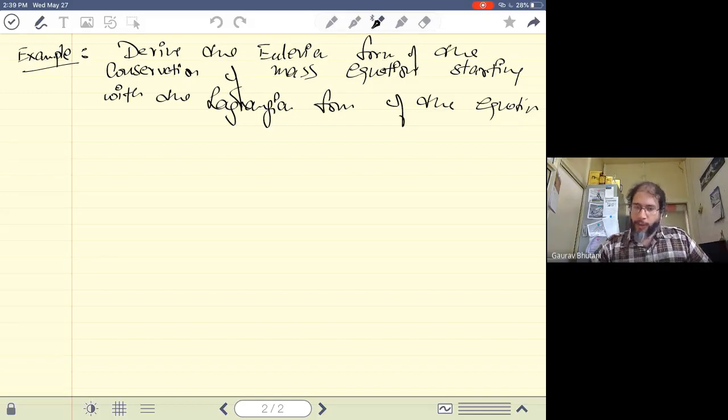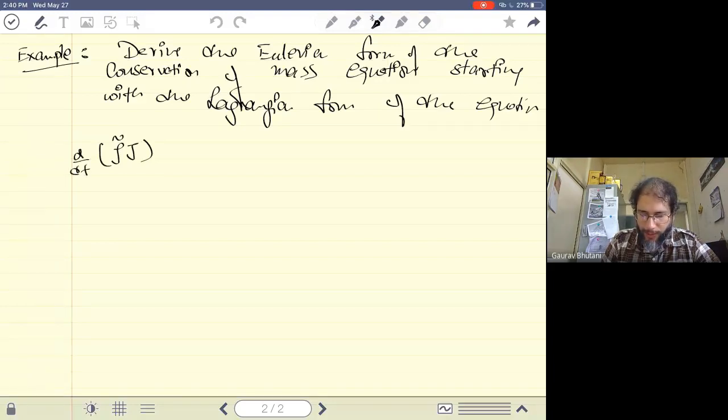So we have to start with the Lagrangian form and show that we can derive the Eulerian form from the same. The Lagrangian form was that the material derivative of rho tilde J is 0. That's the starting equation, and we have to derive the Eulerian form from the same.